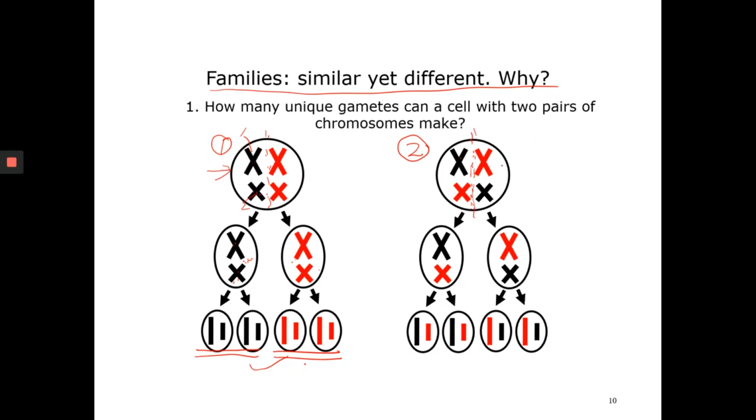And on the other side of the equator, you have the big red from the mother and the small black from the father. If you have this scenario, you're going to have these 2 cells, right? And then once they finish meiosis II, you're going to have these 2 types of gametes. And you can clearly see that these gametes are all different from each other, right? They have different combinations of chromosomes, so their genetic makeup will be different.